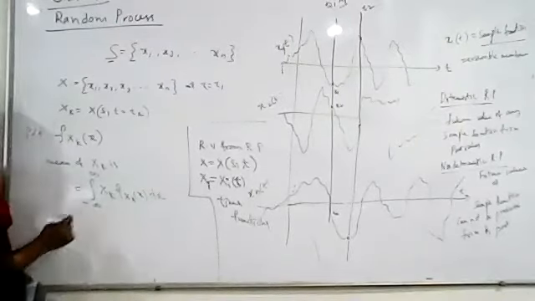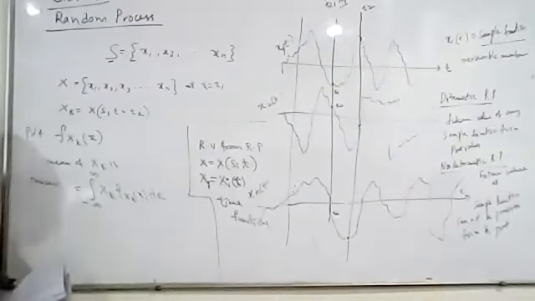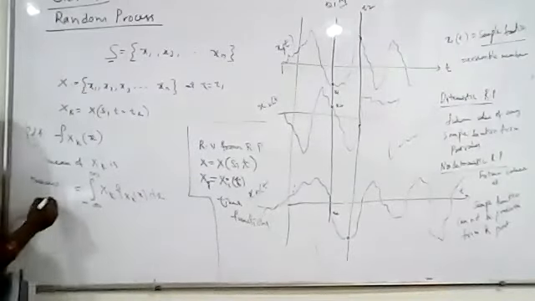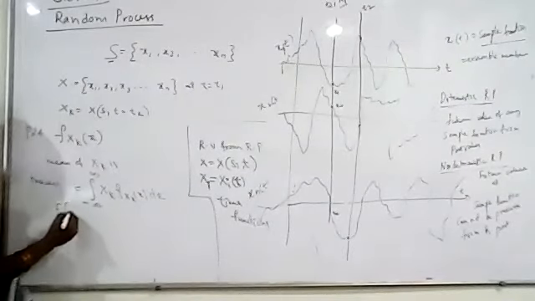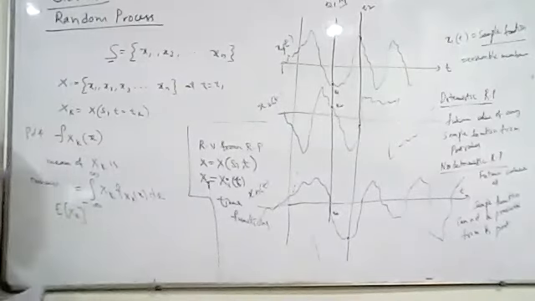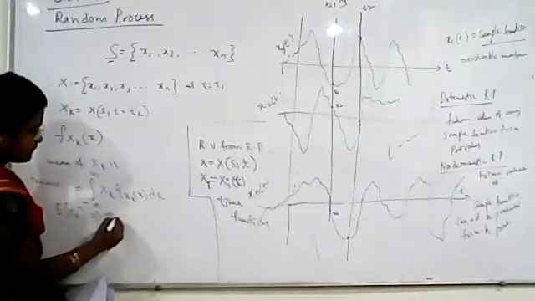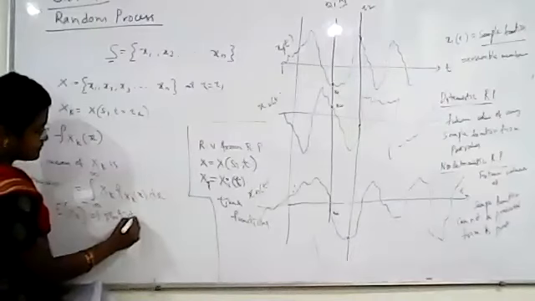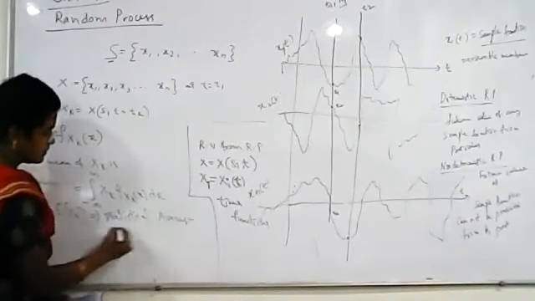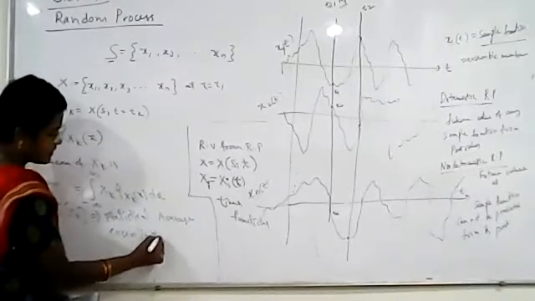This is the formula we use to find the mean value. This mean value is called the statistical mean or ensemble average.